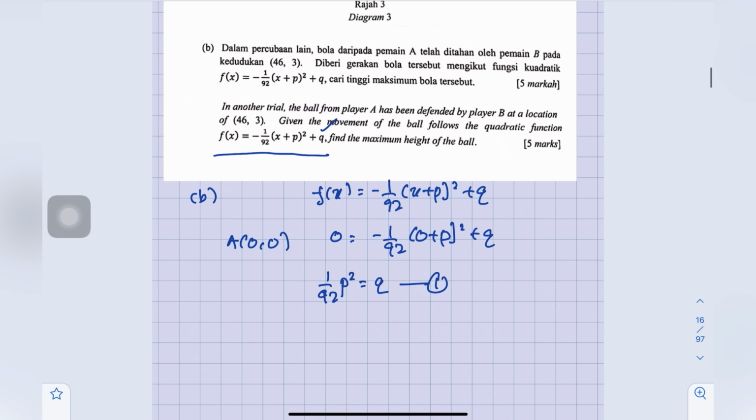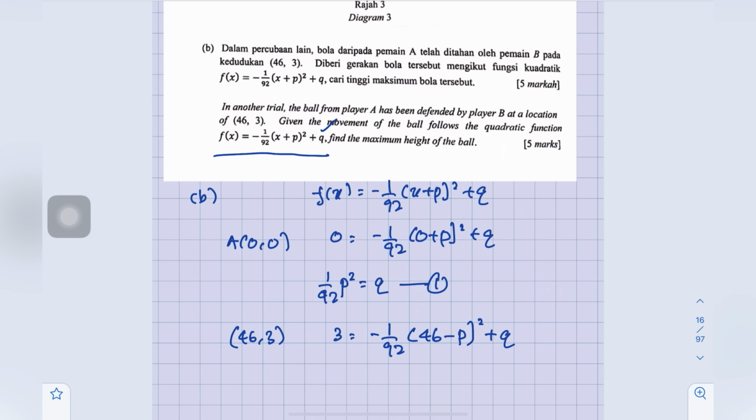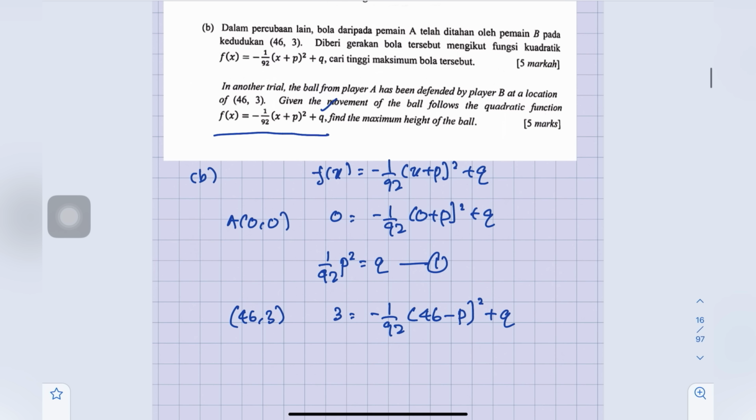Then we substitute point (46, 3). So 3 equals -1/92 (46 - p)² + q, because the axis of symmetry is x equals 46.